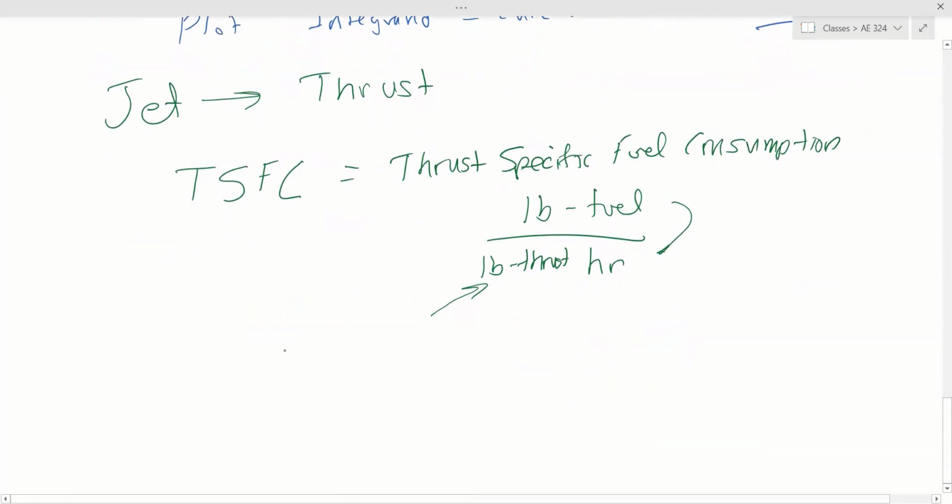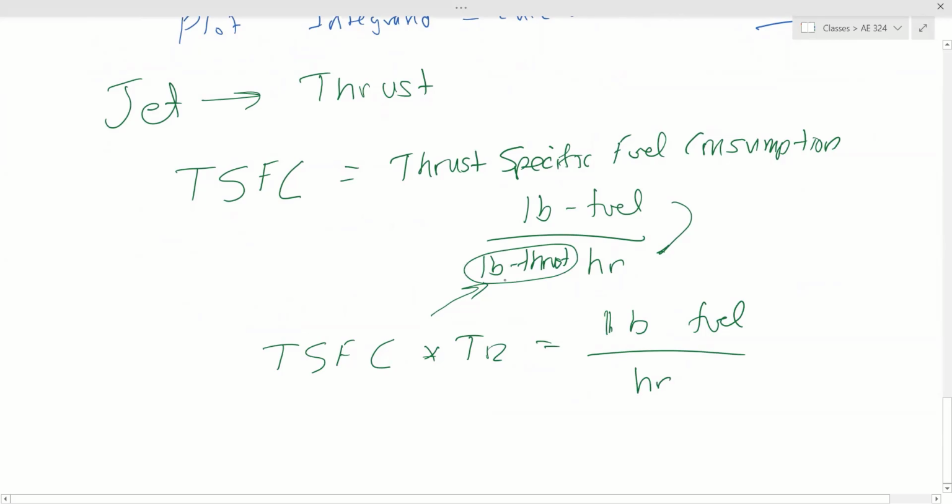So we do the exact same strategy, that the thrust specific fuel consumption times the thrust required, so it multiplies that, gives the pounds of fuel burned per hour. So we're just multiplying by the thrust to cancel that out. And you flip that over and you get the endurance.